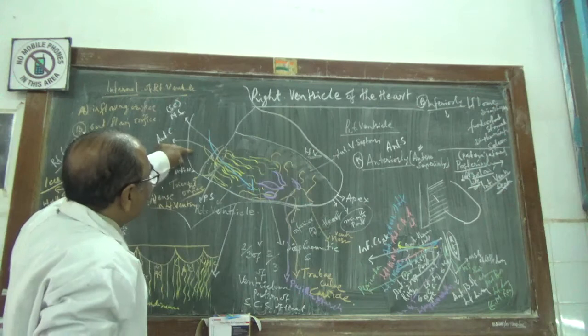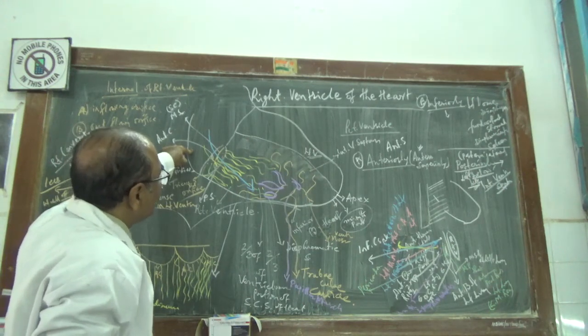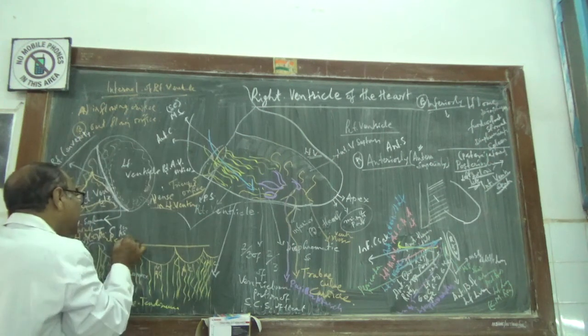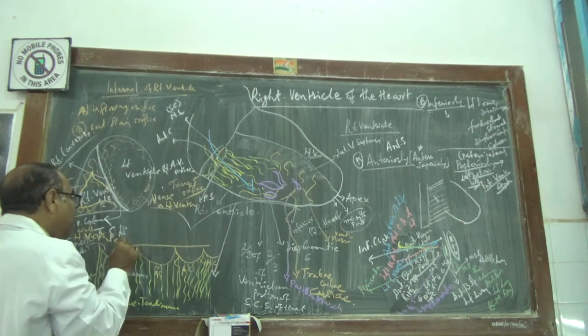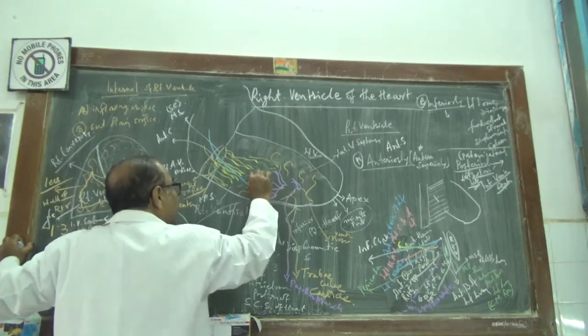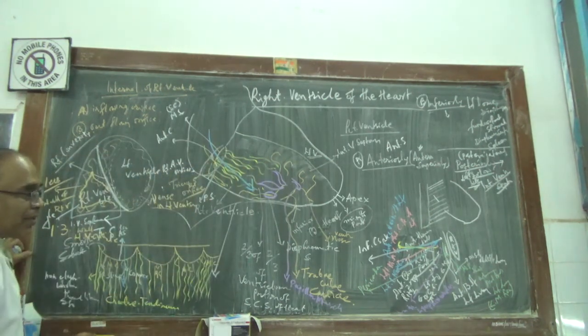So at the time of atrial contraction, blood will be going into the right ventricle.